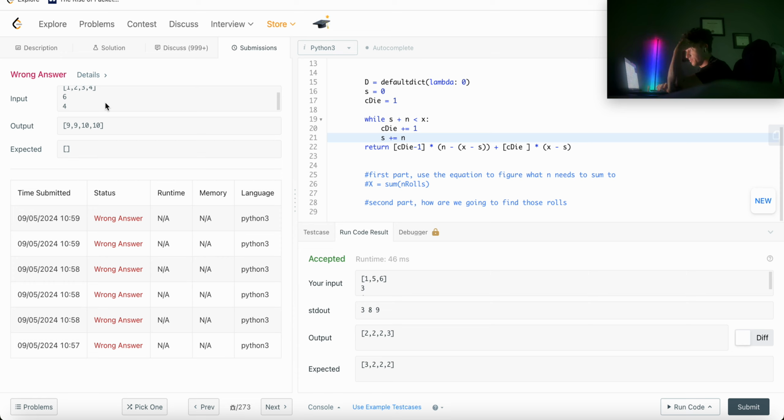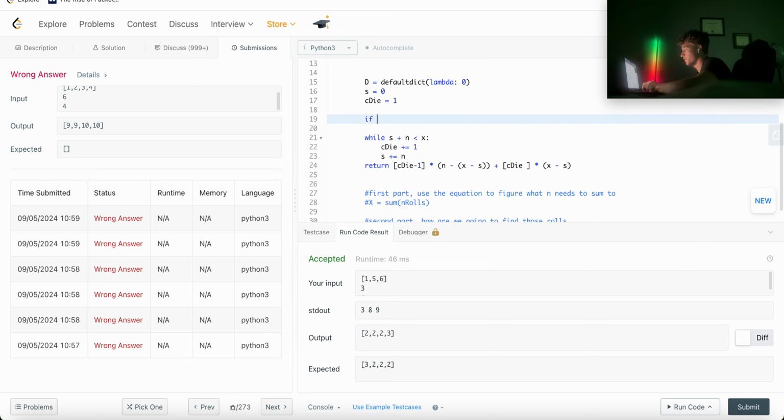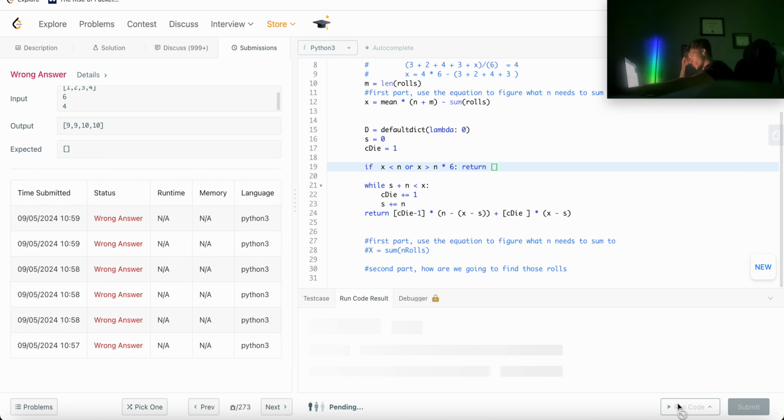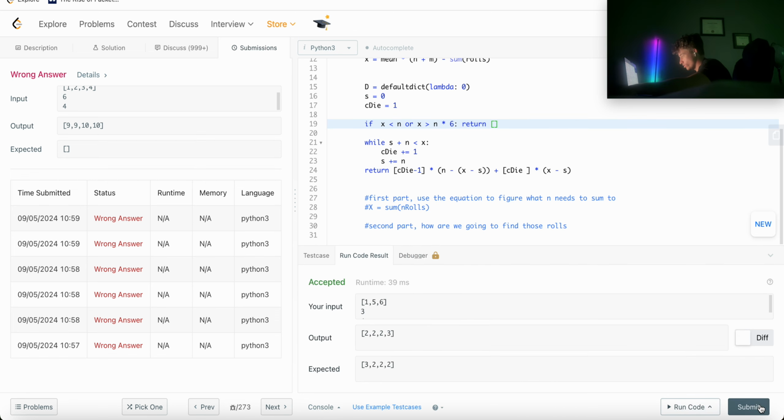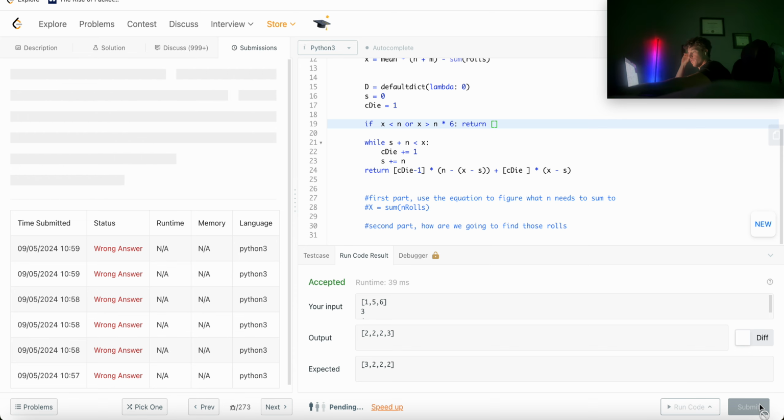Because I need the sum to be, I say, so basically if the number that I need, if x is less than the minimum number that it can be, which is literally just n because they're all ones, or if the number is greater than n times 6, so they're all 6s, then it just can never work. That's kind of like the general case here, right?